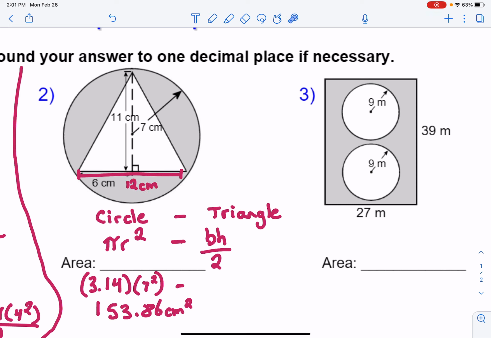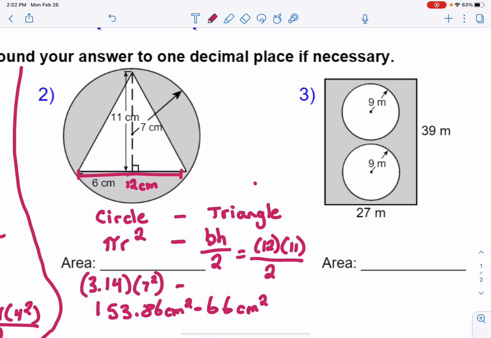And then the height of our triangle is this 11 centimeters. So our base and our height is 12 and 11. That means we're going to do 12 times 11 divided by 2. 12 times 11 is 132. 132 divided by 2 is 66. So that's going to give me 66 centimeters squared.